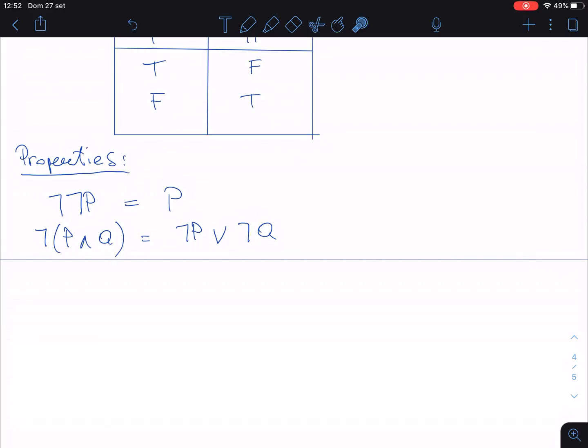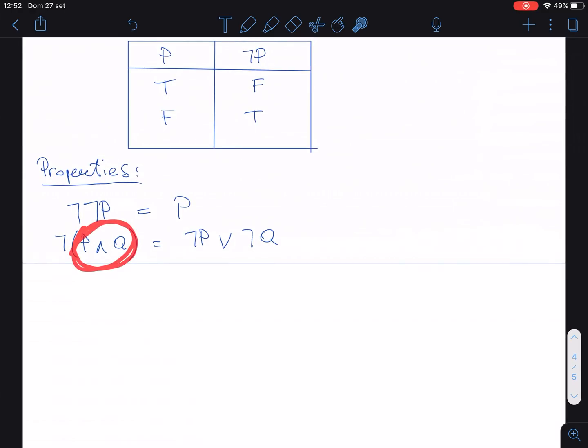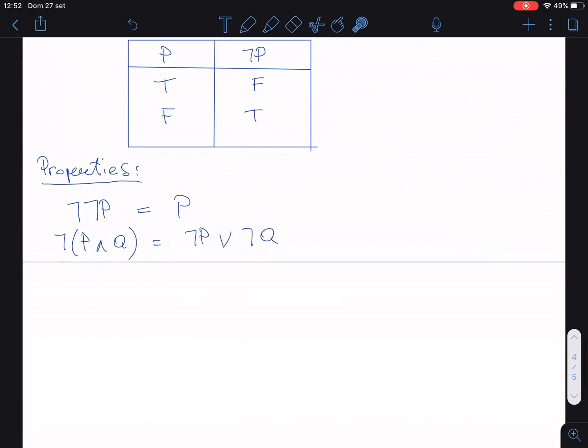It happens like that because here, in order for the proposition P and Q to be true, we need to have both true. Okay? So, in order for it to be false, and so not of P and Q to be true, what you need is just one of the two to be false.